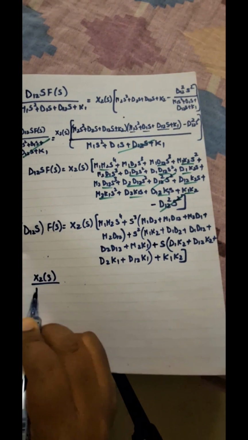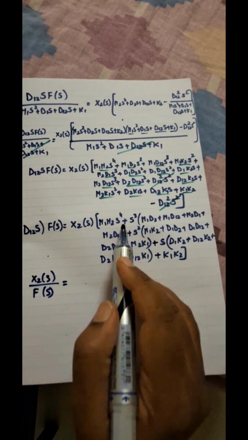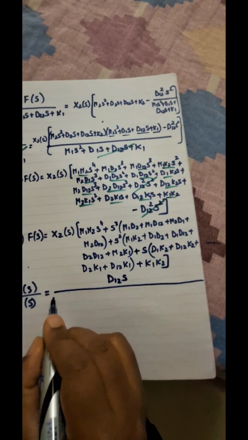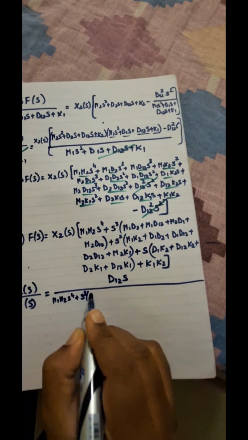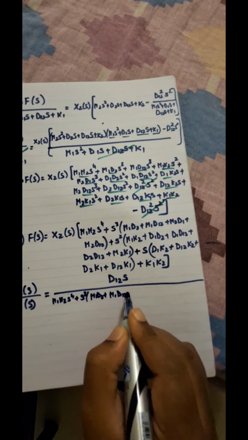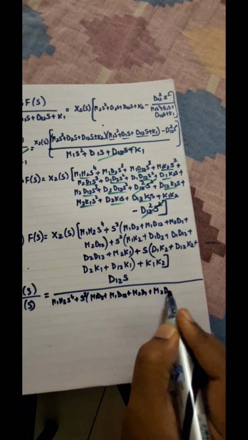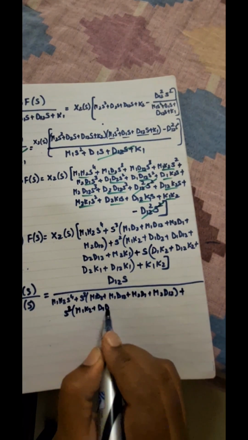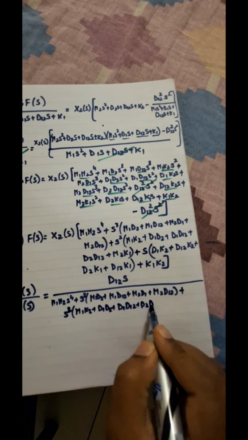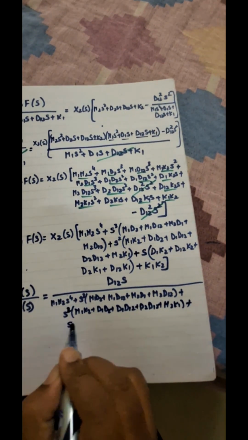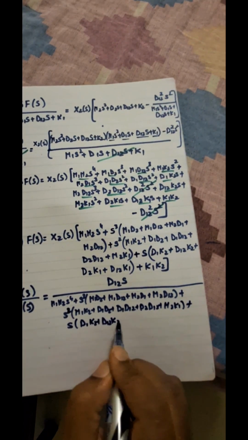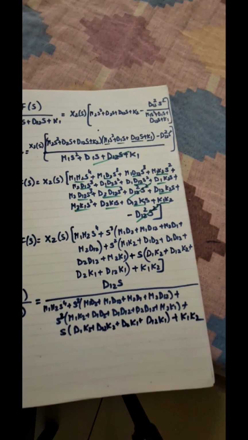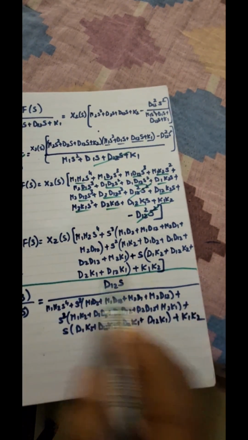X2 of s by F of s equals, F came to this side, it means this multiplier should go as a denominator, equals D12 s by this whole value: M1 M2 s power 4 plus s cube into M1 D2 plus M1 D12 plus M2 D1 plus M2 D12, plus s squared into M1 K2 plus D1 D2 plus D1 D12 plus D2 D12 plus M2 K1, plus s into D1 K2 plus D12 K2 plus D2 K1 plus D12 K1, plus K1 K2. So finally this is your answer.